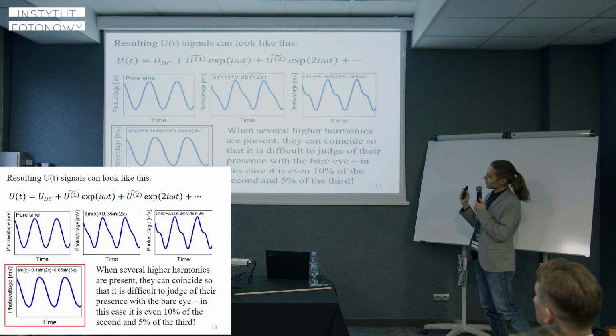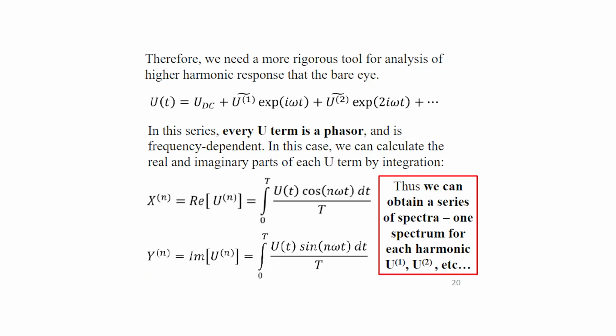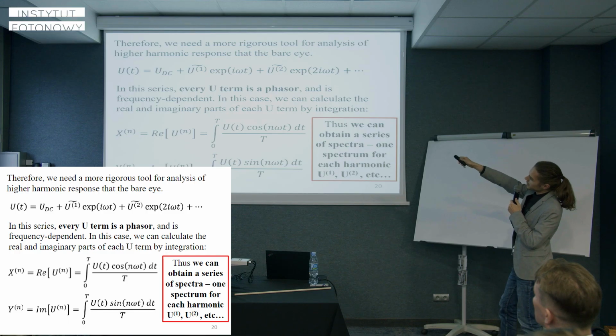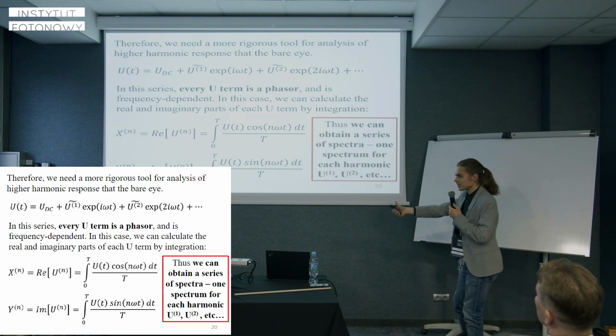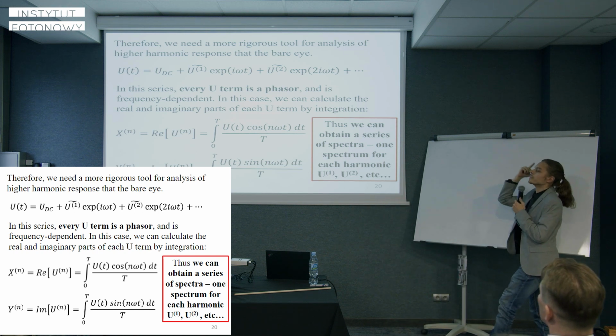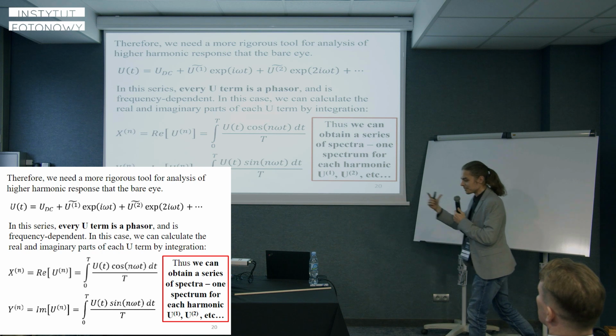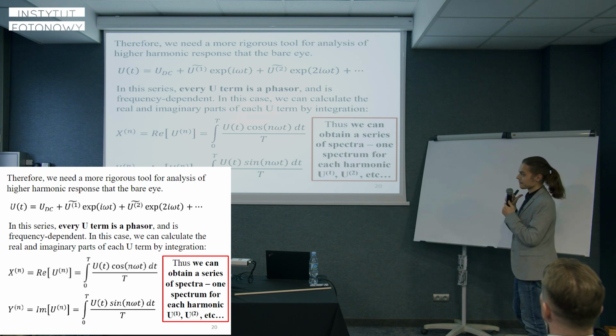If I get this knowledge, I can calculate spectra of higher harmonics, the real and imaginary parts, because all these objects, U1 tilde, U2 tilde, are phasors. They have both real and imaginary parts, and all those are frequency dependent, right?